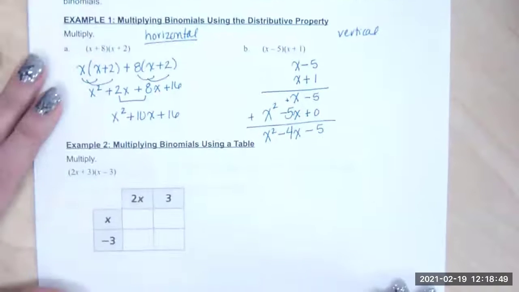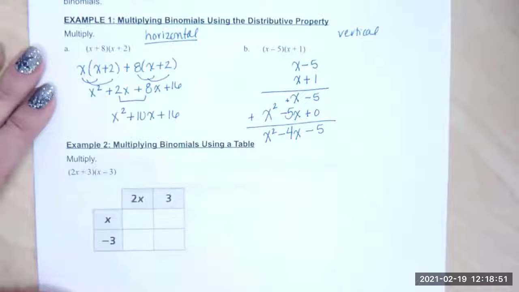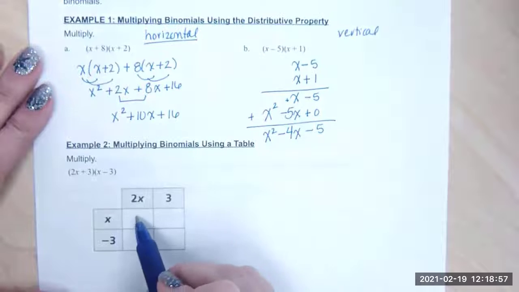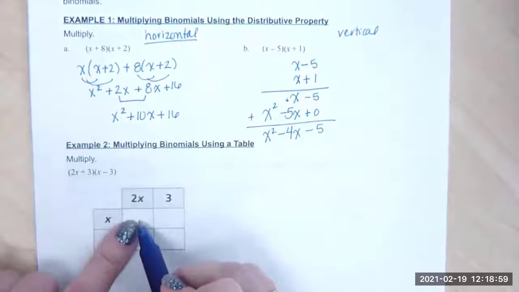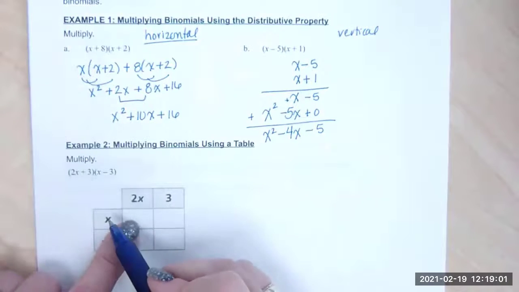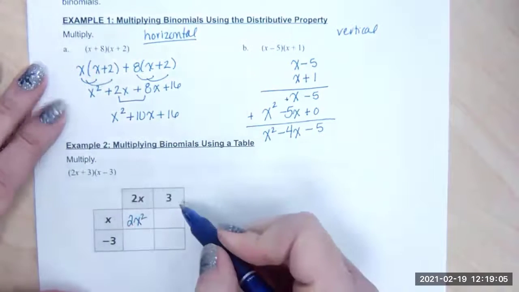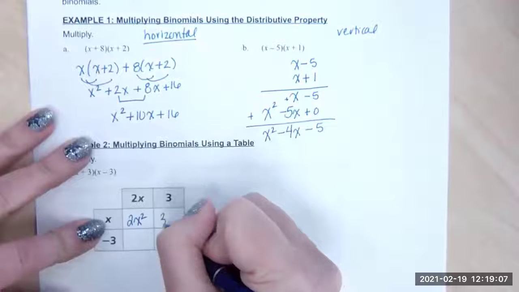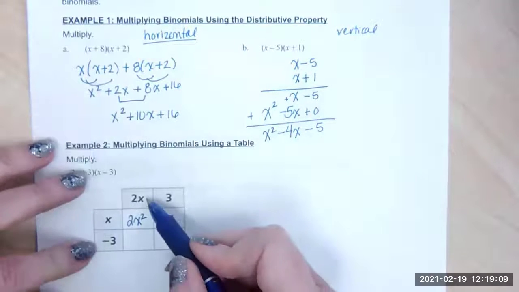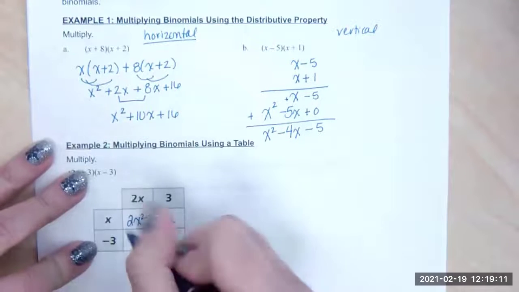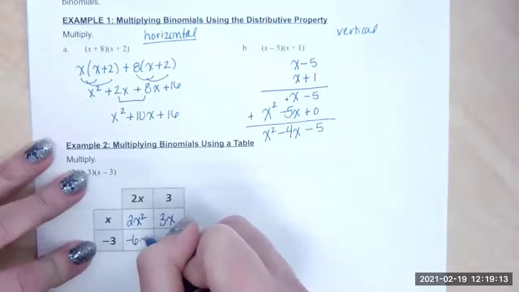Next, let's take a look at how to do this using a table. So this is what we call a matrix. And what I'm going to do is multiply the numbers that correspond to this spot. So 2x times x gives me 2x squared. x times 3 is 3x. 2x times negative 3, negative 6x.